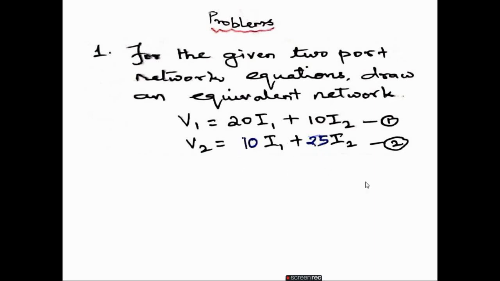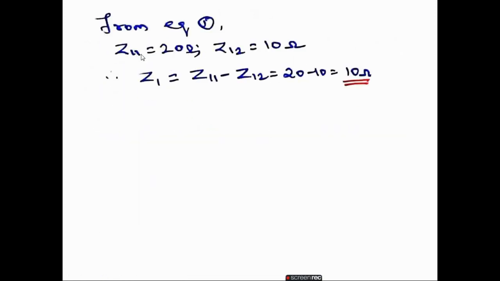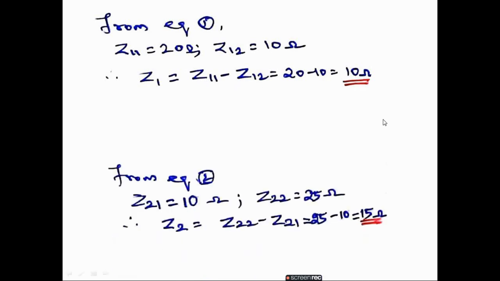Now we will solve this one first. Voltage equations are given, which means we have impedance parameters, so the equivalent circuit to be drawn is a T network. We know Z11, Z12, Z21 and Z22. In the previous slide we discussed how to find Z1, Z2 and Z3 and draw the T network. Z1 is simply Z11 minus Z12, that is 20 minus 10, which is 10 ohms.